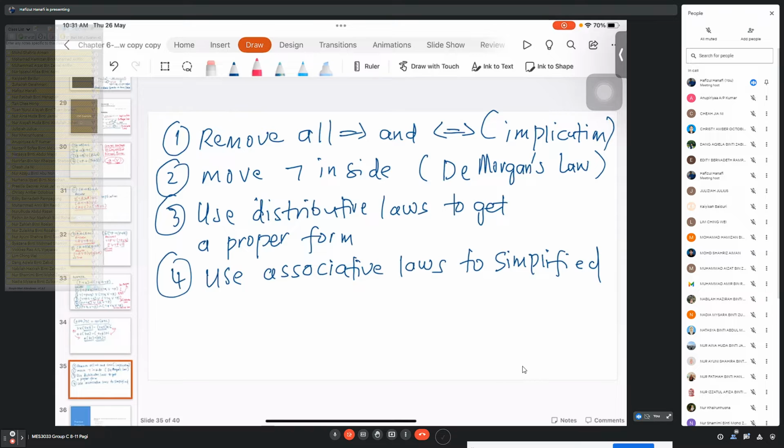Okay, first remove all the implication by using the implication law. And then move all the negations by the De Morgan law, and then use the distributive law to get the proper form, and then use the associative laws to simplify.